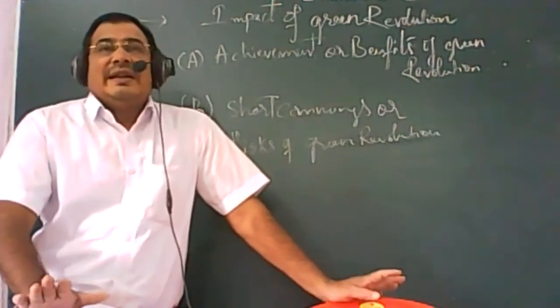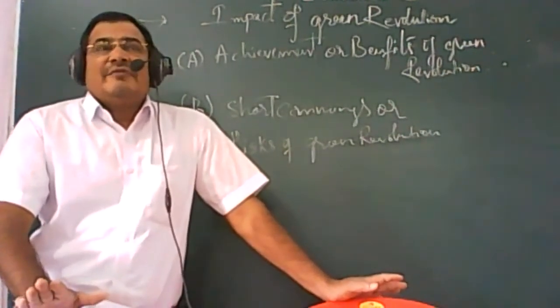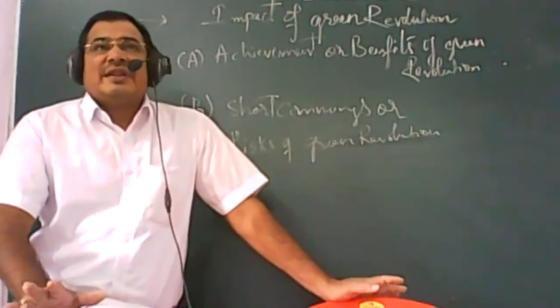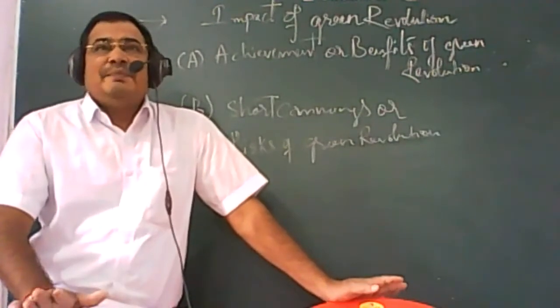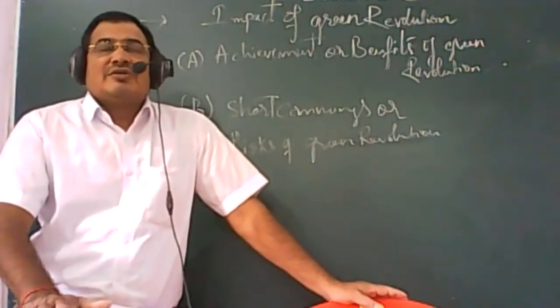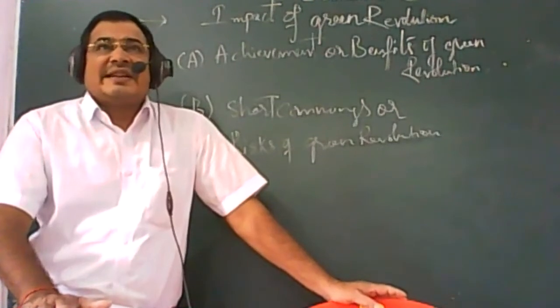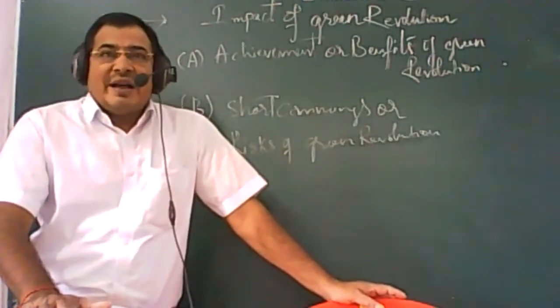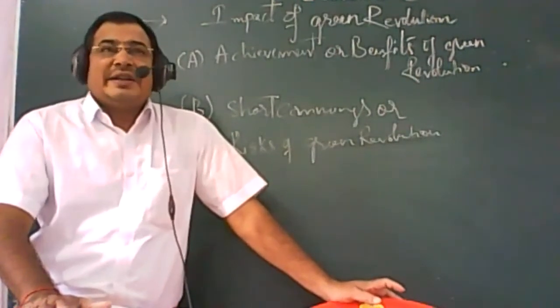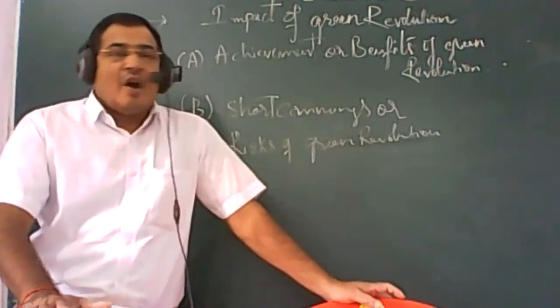So Indian agriculture, from the time of the green revolution, that is from the 60s, the late 60s and 70s, has shown a larger extent of increase in productivity, which accumulated surplus output.